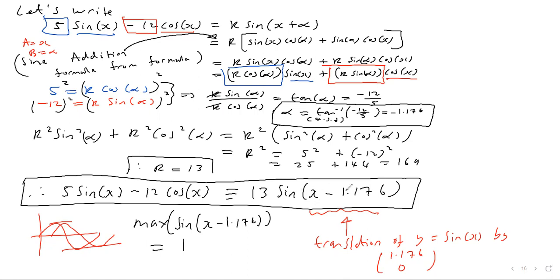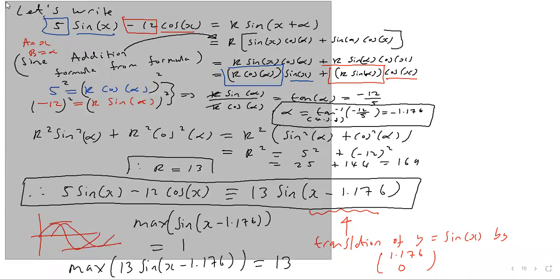So the maximum value of this is 1, times that by 13. That means that the max value of this 13 sine x take away 1.176 is going to be 13. So 13 times by 1. So the maximum value of that graph is 13.